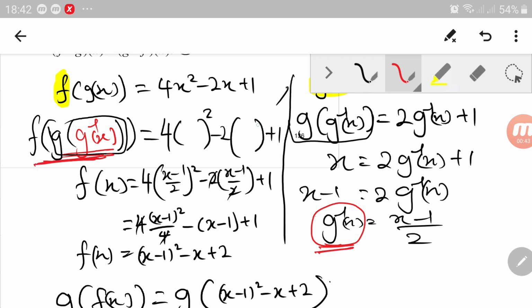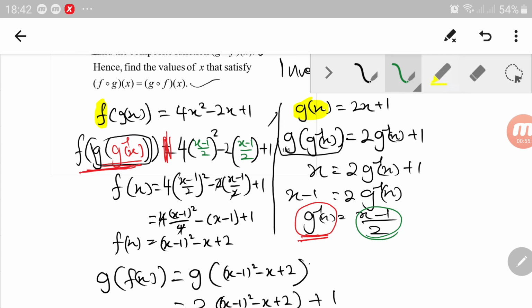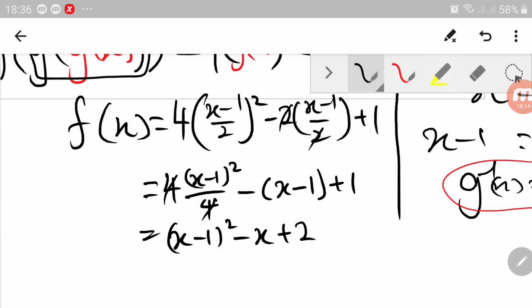But this one is on the right hand side of the equal sign here. So we are substituting these things inside here. So x minus 1 over 2, x minus 1 over 2. And then the rest are the same, plus 2. Okay, so this is our fx.